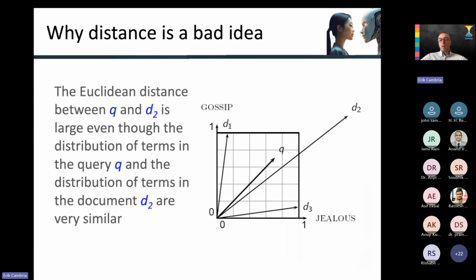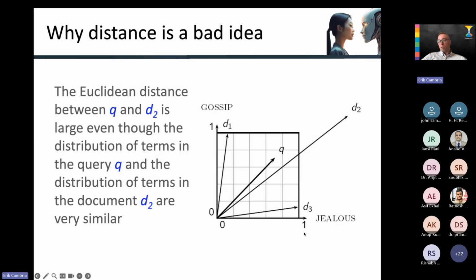And here, this is a useful image to understand why we are not using the Euclidean distance, but we're using the cosine similarity. If I have a query Q and I want to find an answer to this query, D2 is probably the correct answer, the correct document. You can think of this as a Google search. So document 2 is definitely the most relevant because of the terms that it contains. So here we're in an even simpler situation.